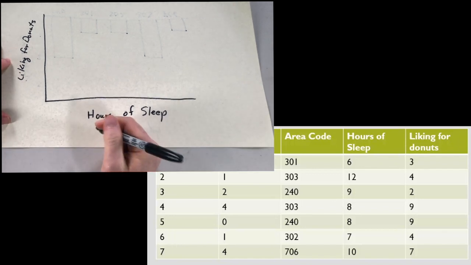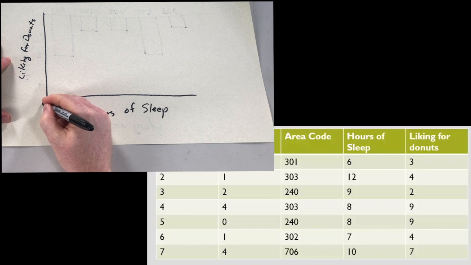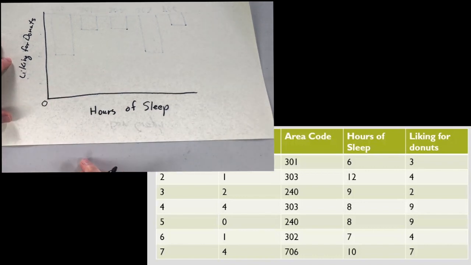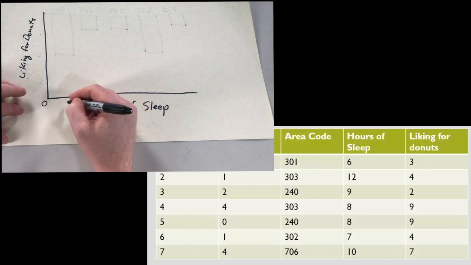Okay? So, to be good citizens of knowledge, you should probably always start with 0 as the beginning, right? It's more honest to do it that way. A lot of times people cheat with graphics by changing the axis where they start and where they stop.